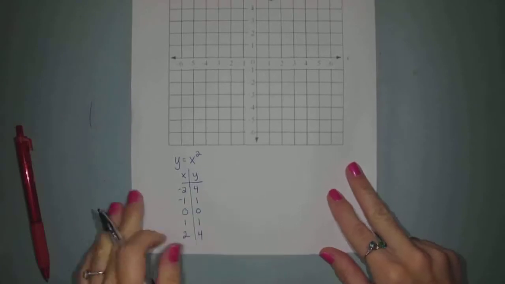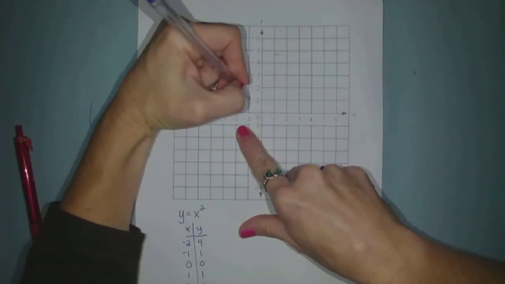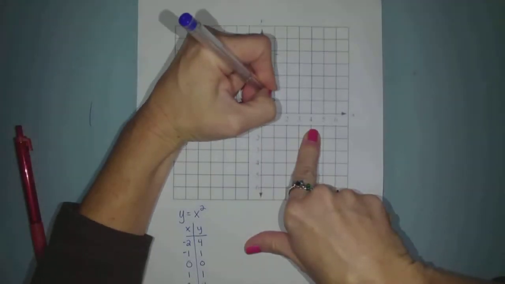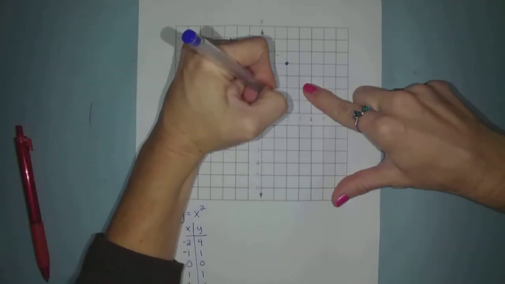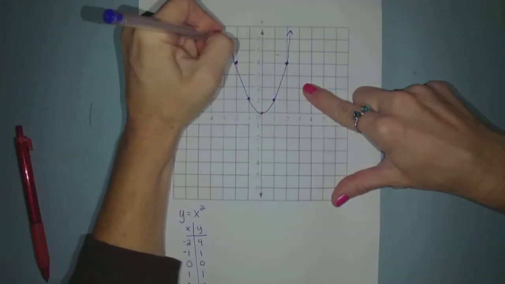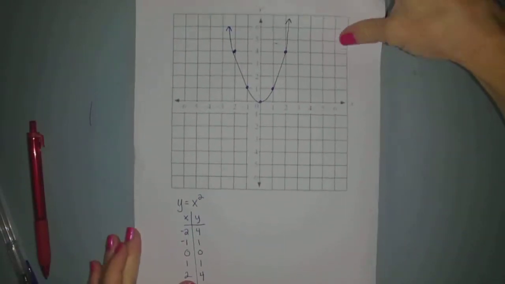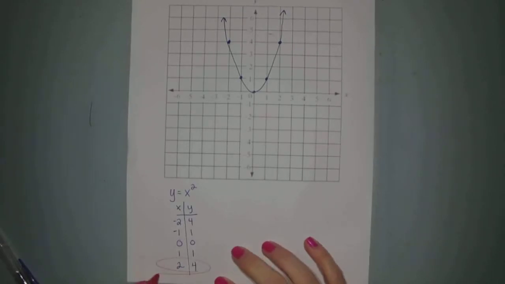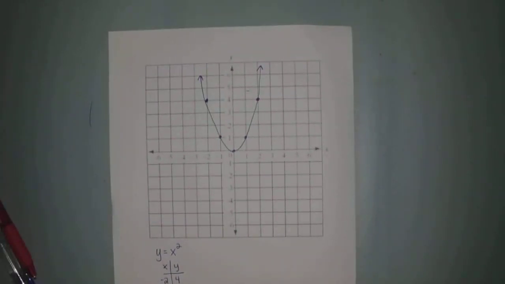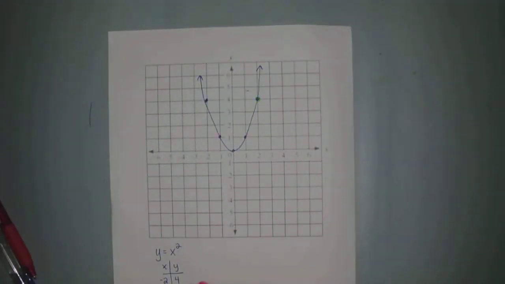So if I plot these points, then I have a nice little parent graph of my quadratic family that looks something like this. No big deal. Now what I want to do is go to a point on that curve, like maybe (2, 4). Let's highlight that point at (2, 4), and let's draw a tangent line there.